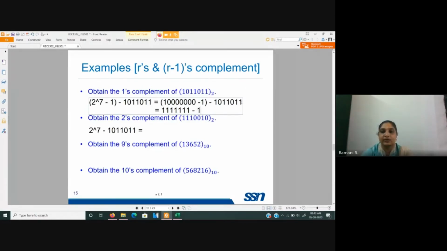And you need to subtract the given number, 1011011, from this. So if you are not confident enough with this sort of thing, just try the subtractions manually. Here your result would be 0100100. This will be the 1's complement of the given number.